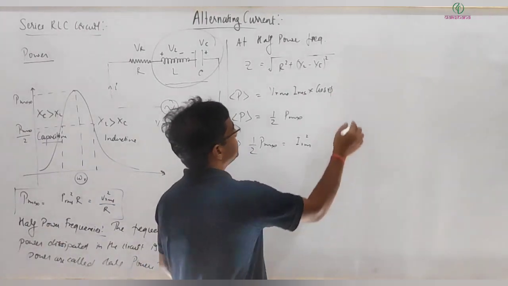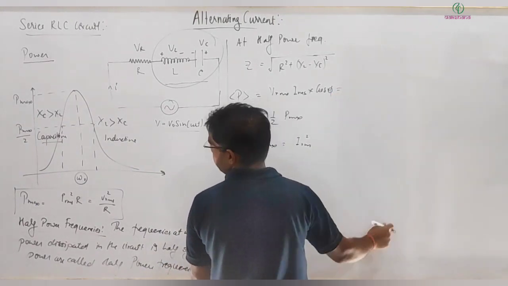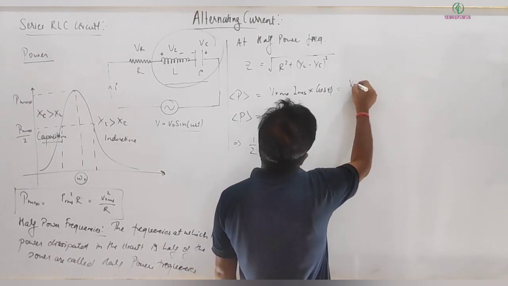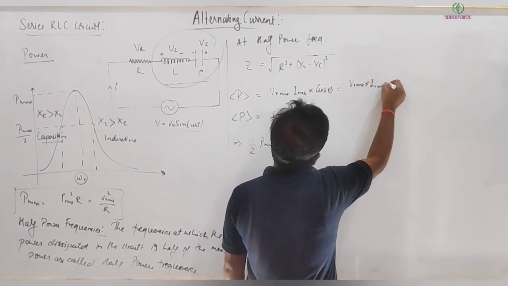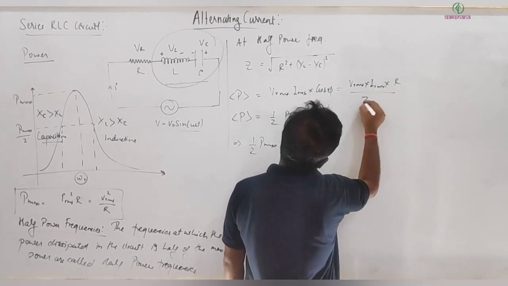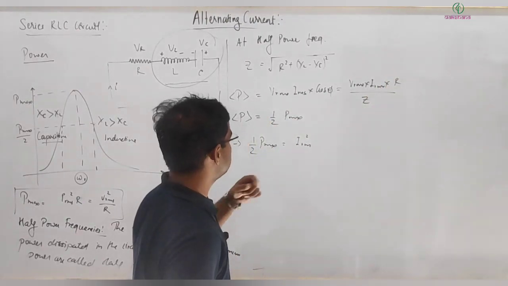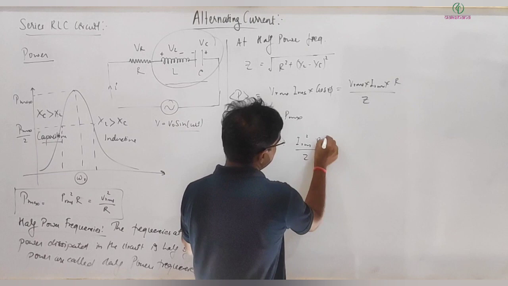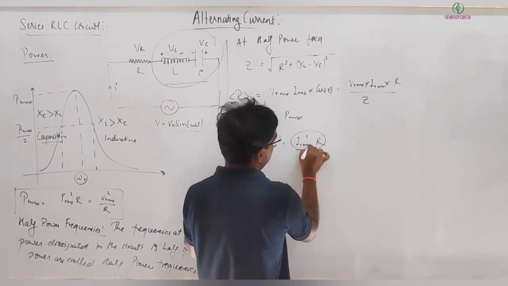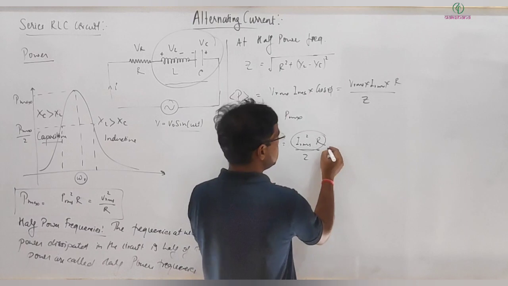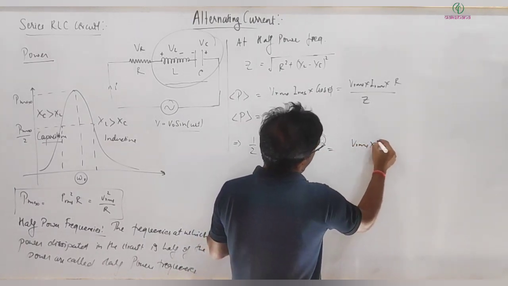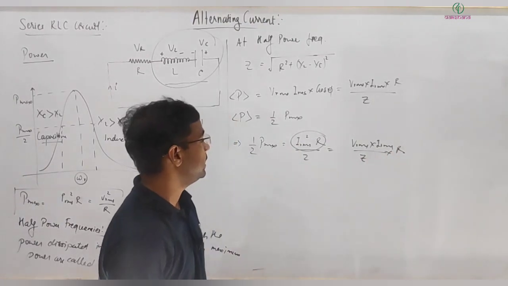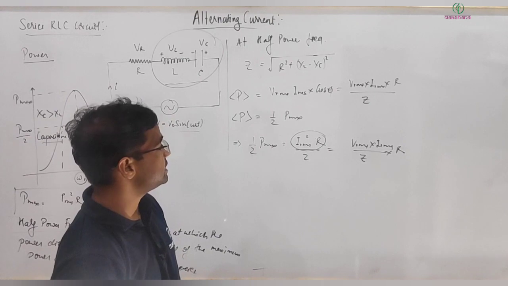And if I am writing in terms of cos phi, it will be V RMS I RMS into cos phi, which is R divided by Z. So I can write I RMS squared into R divided by 2, this is P max, which should be equal to V RMS I RMS divided by Z multiplied by R. I hope you are clear with this term.